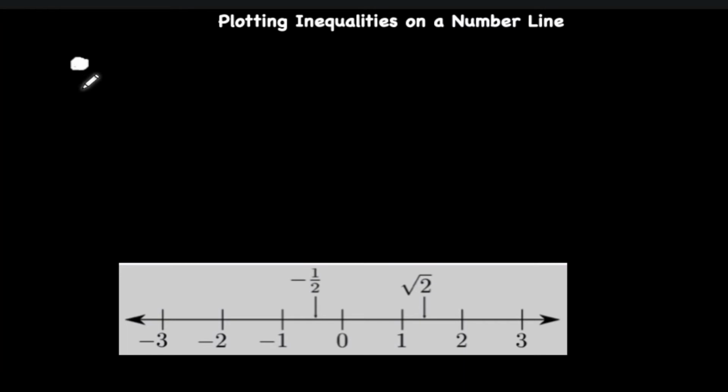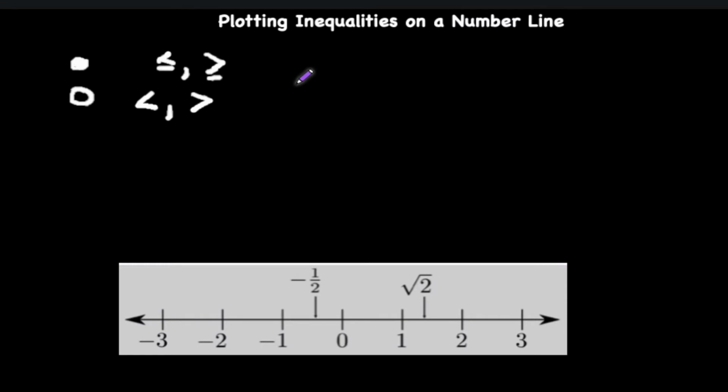Whereas open circles will indicate exclusion, not included. All right, and closed circles are represented by less than or equal to and greater than or equal to. Whereas open circles are less than or greater than. Okay, so knowing that, let's go ahead and graph some inequalities on this number line here.